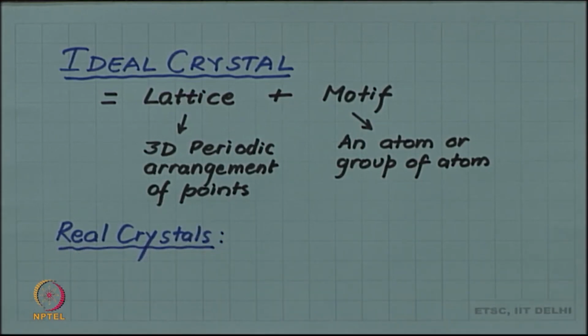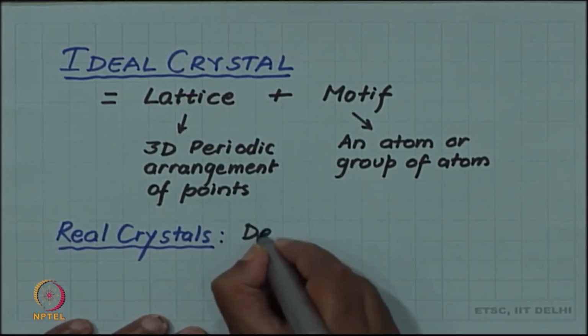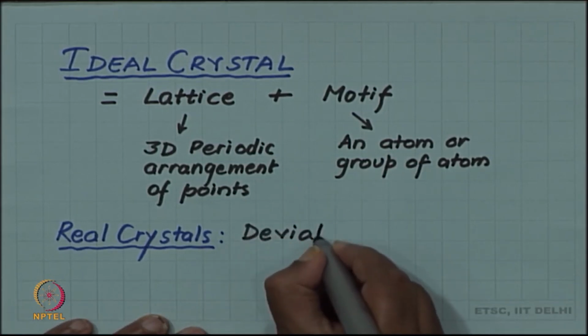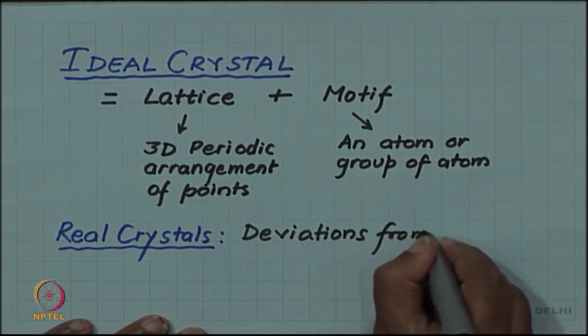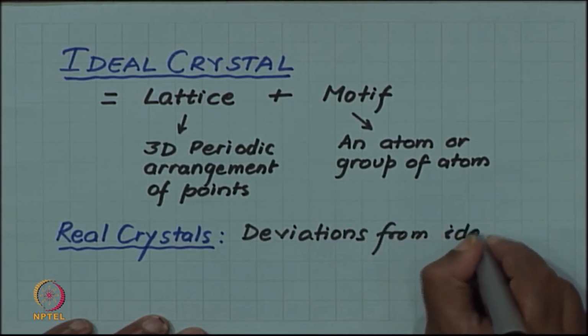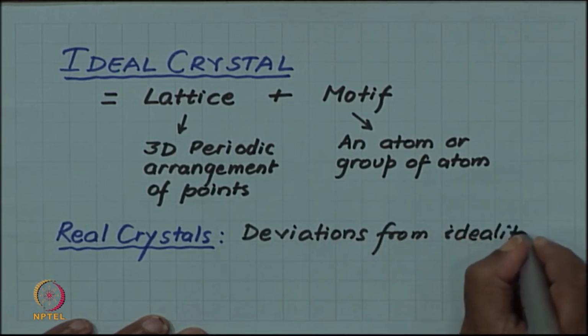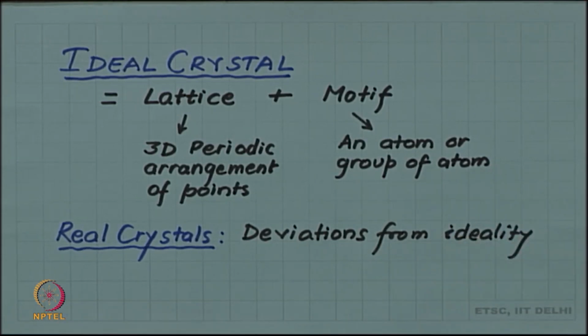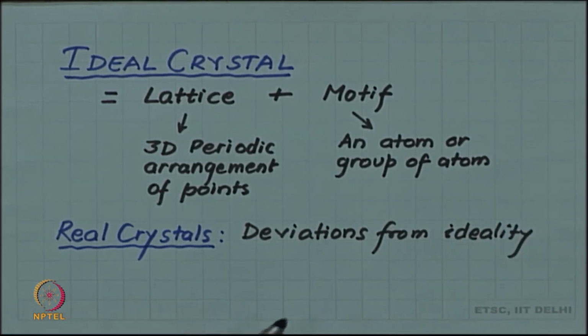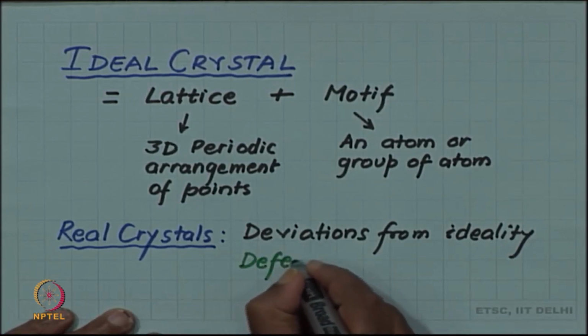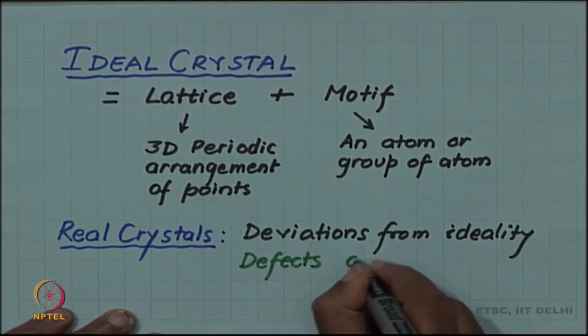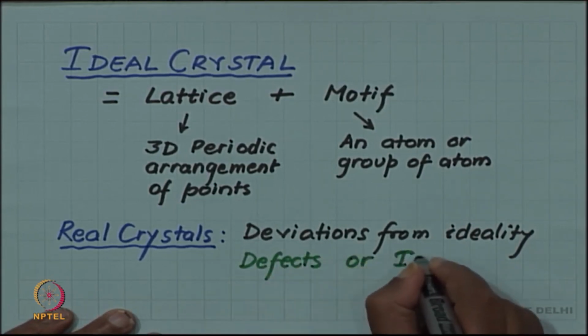Real crystals will exhibit deviations from ideality, and these deviations are what are termed as defects or imperfections.